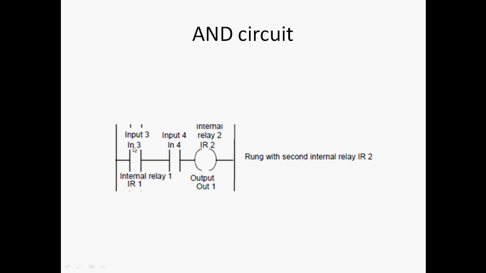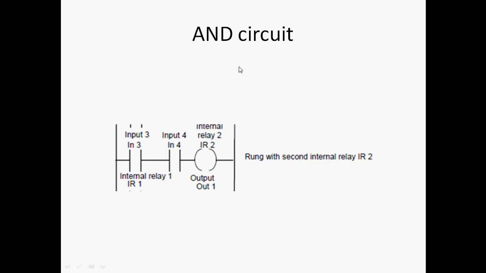AND means if the first input and the second input are on, then and only then the output should be on. Suppose one of the inputs is not there, then the output is not generated. This is the case for the AND circuit.